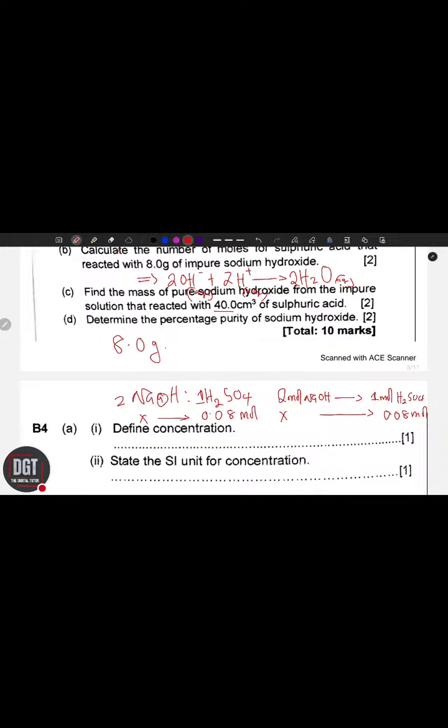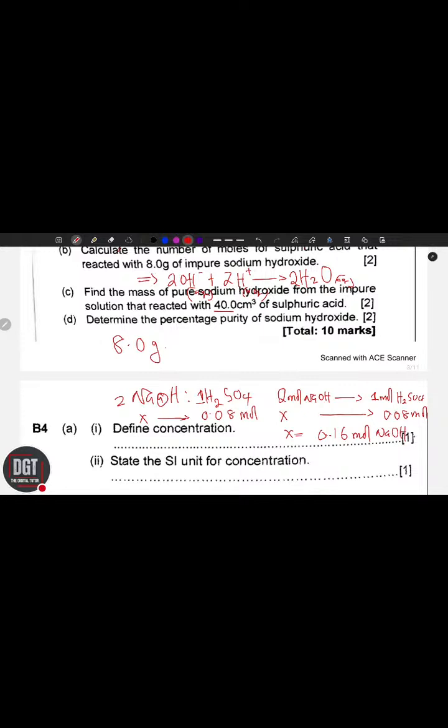We want to find the mass of the pure sodium hydroxide. If you multiply, it's just the same as doubling the number of moles. So 2 multiplied by 0.08, what is the answer? I guess it's going to give us 0.16 moles of sodium hydroxide.